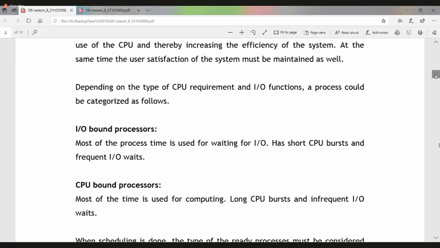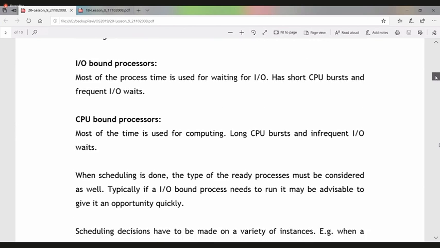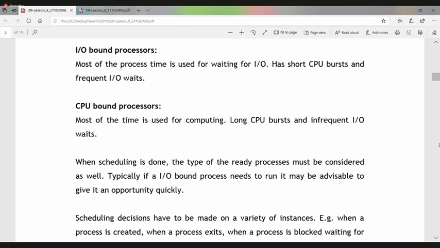You can correct it in your notes. It should be like this: ready processes. That means we are talking about the software programs, not the CPUs. So when we schedule, these ready processes must be considered.